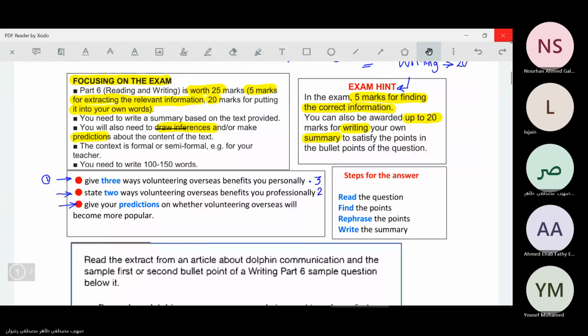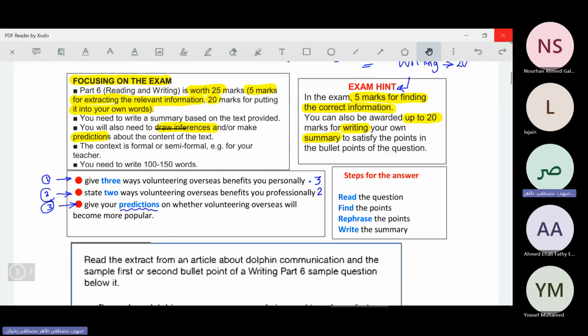So you will need to identify here what? 5 relevant facts, or 5 pieces of relevant information or notes from the text. Okay, for those you will be rewarded 5 marks for the reading part. And always the third bullet point asks you to give your predictions on whether volunteering overseas will become more popular.